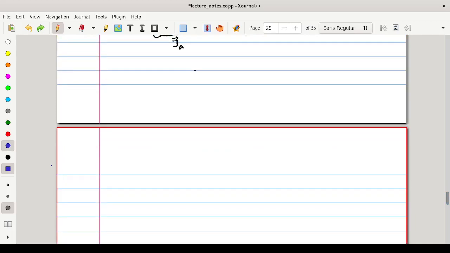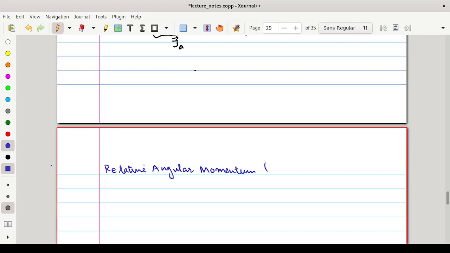Now what we are interested in dealing with in this video is relative angular momentum. This is another quantity which is very similar to angular momentum, and it is sometimes easier to deal with than the angular momentum itself.